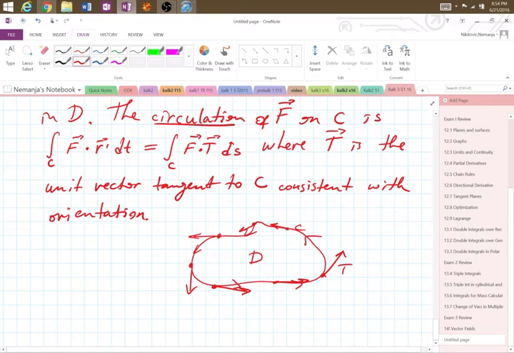Now, does the sun produce circulation? No, it's a radial field. There's no rotation there. The sun creates a vector field which shines out, right? So there's no circulation. Circulation is, technically, think of it as a rotation along the edge of the curve.